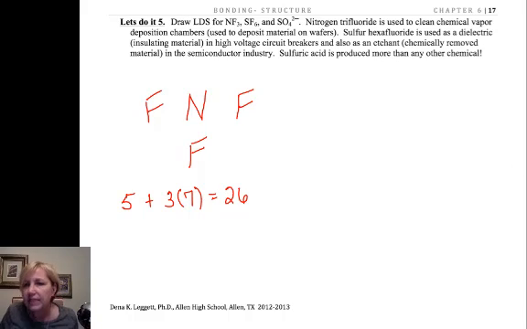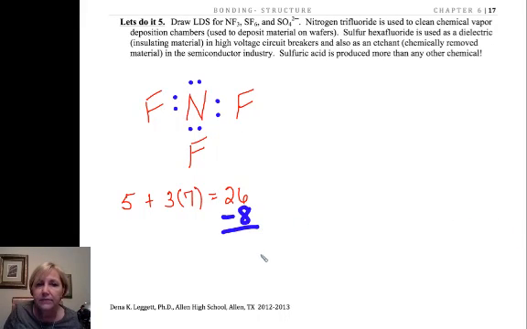Now, I love doing this. It's so easy. Step 1, make your bonds: 2, 4, 6. Step 2, I like to satisfy my central. If you learn to satisfy your peripherals, go for it. It'll work. So now I've used 6 electrons, and if I can do my algebra, I have 20 electrons left.